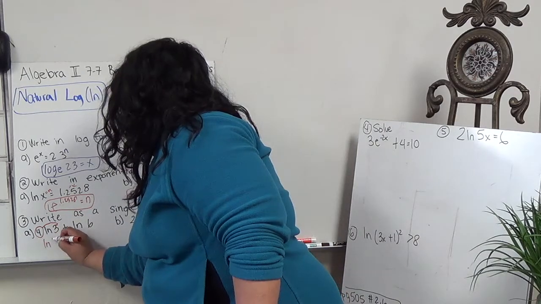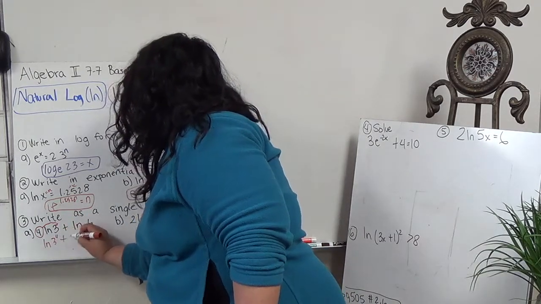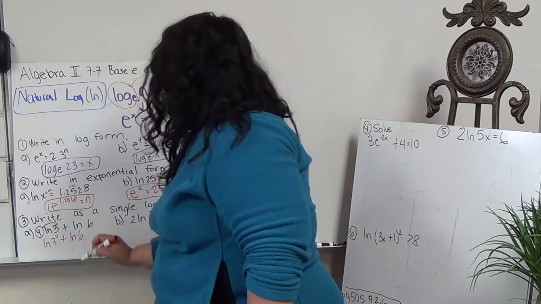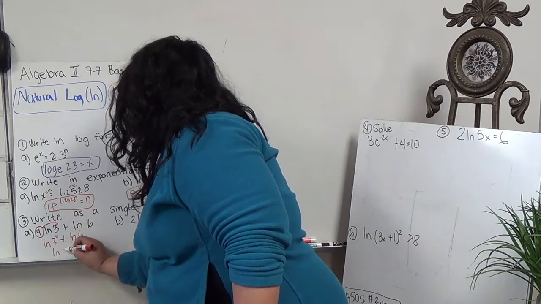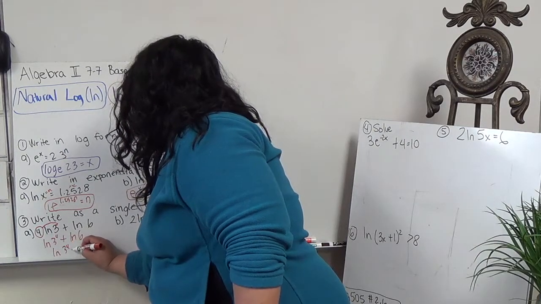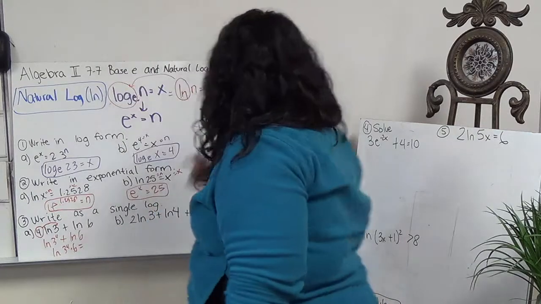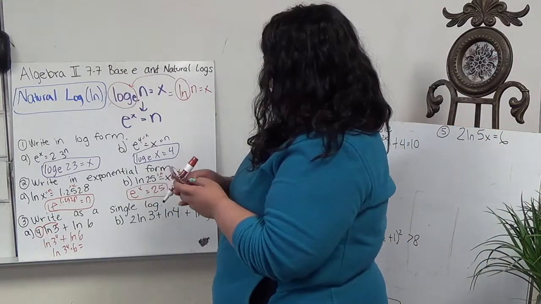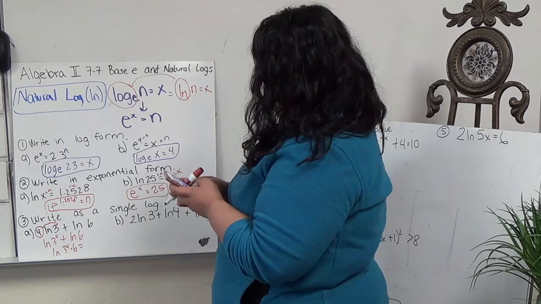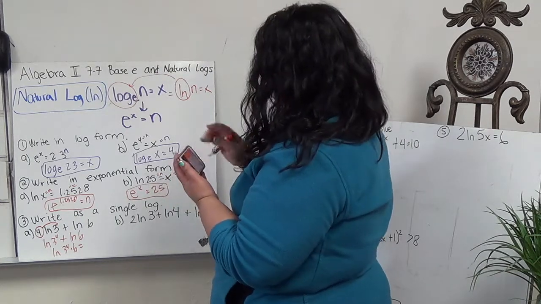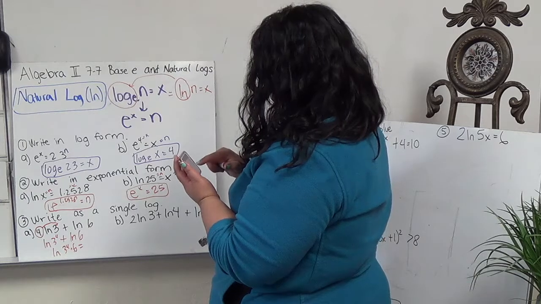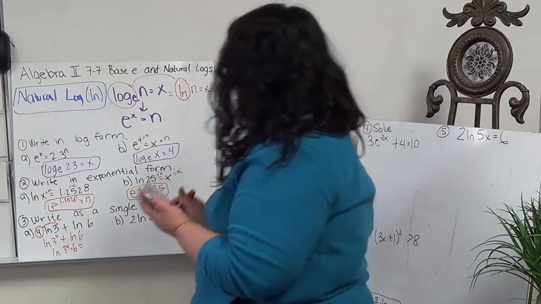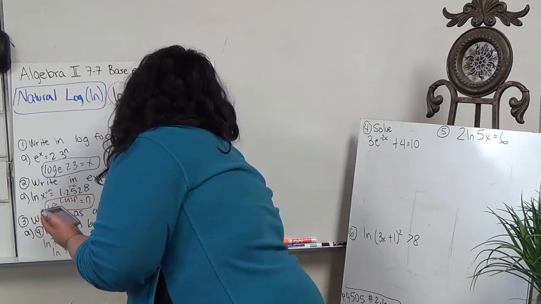So this is ln 3 to the 4th plus ln 6, and combined will be ln 3 to the 4th times 6, which is 3 to the 4th is 81 times 6, which would be ln of 486.